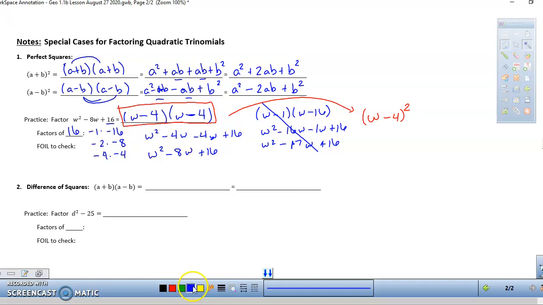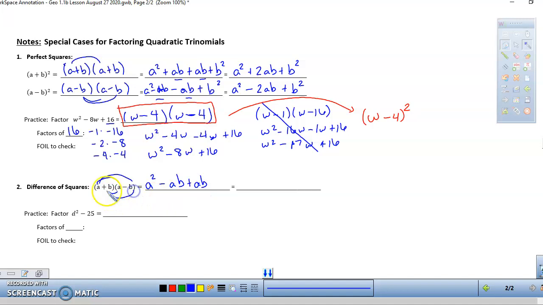Okay, next. So difference of squares is another special case. Again, it's a special case, but your old way of factoring will still always work. So if you FOIL this, you have a squared minus a times b plus, so that's this one, plus b times a, but I'm going to write it as a times b.